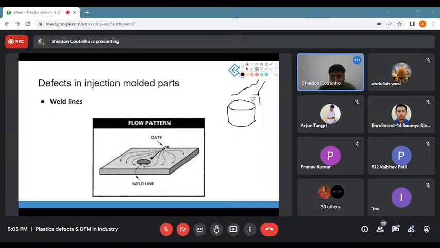It'll come across this, it'll crash, it'll fill this portion up, then you will have plastic wrapping around. Now, when this plastic wraps around, you will have this loose plastic forming one layer. So this layer that you see over here is the outermost layer. Second, when the plastic comes in, here also you will have another outermost layer.